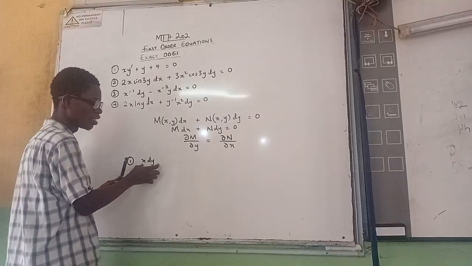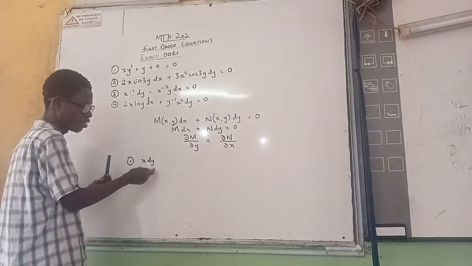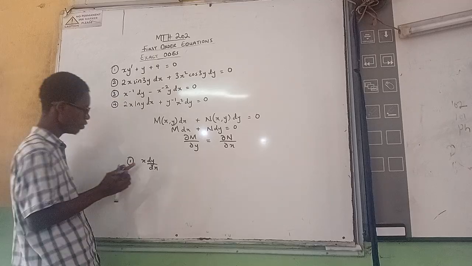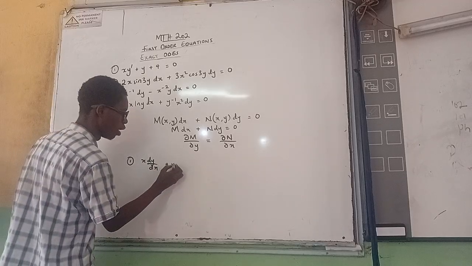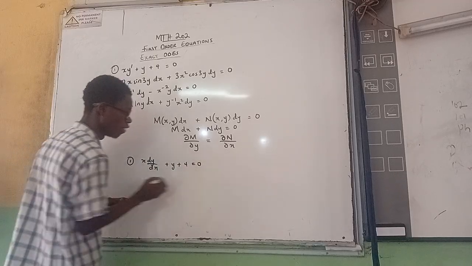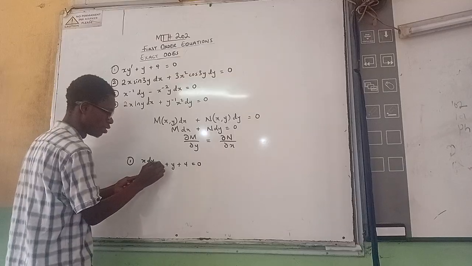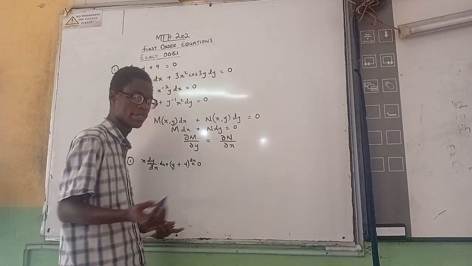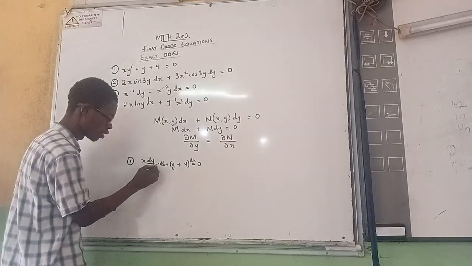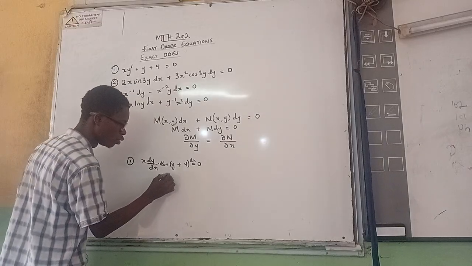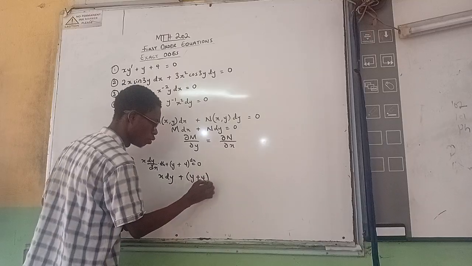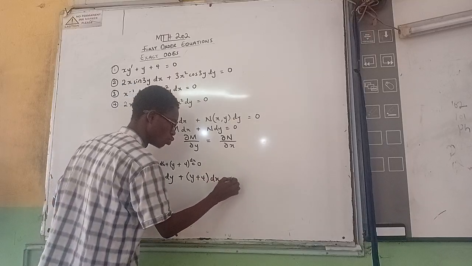If I multiply everything through by dx, the dx down here will cancel out, everything here too will now have dx, and 0 times dx is 0. So we have x dy plus (y plus 4) dx equals 0.